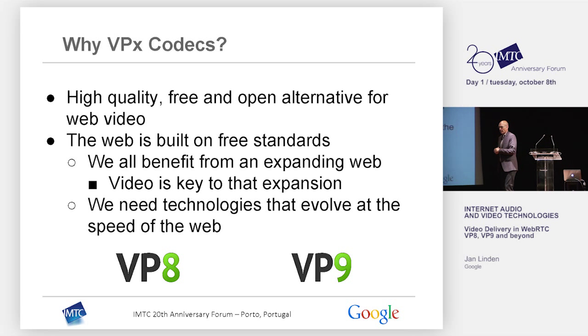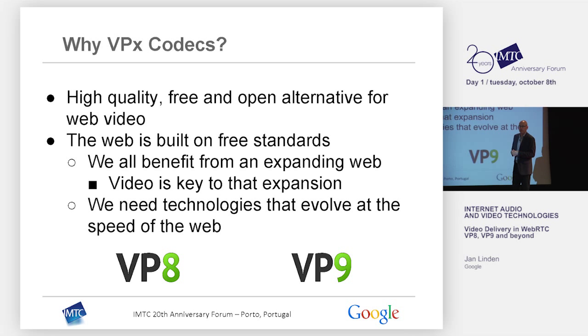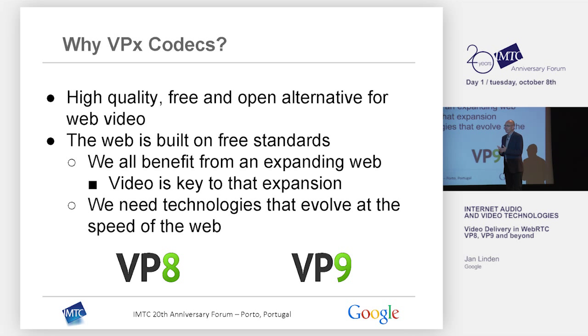So let's talk about the codecs, and why do we do this? You probably all know that Google is behind the VP codecs, and we do that because we really think it's very important for the web to have access to high quality, free and open alternative web video, and something that develops very quickly. It needs to develop at the same pace as the web. And the web isn't sitting and waiting 9 years to develop a codec or a new technology.